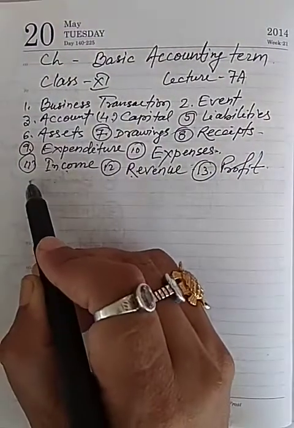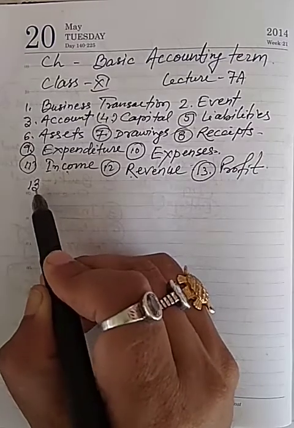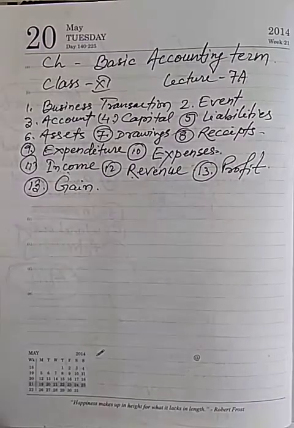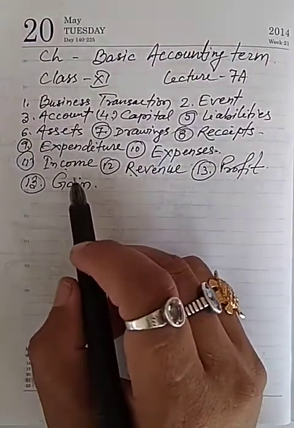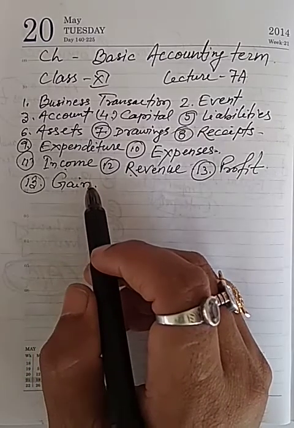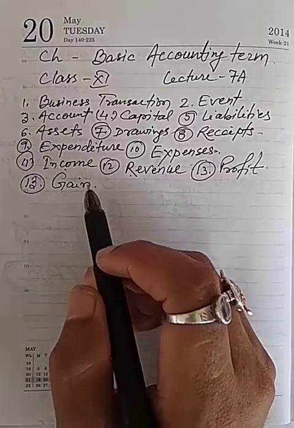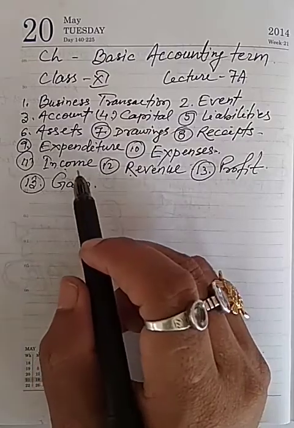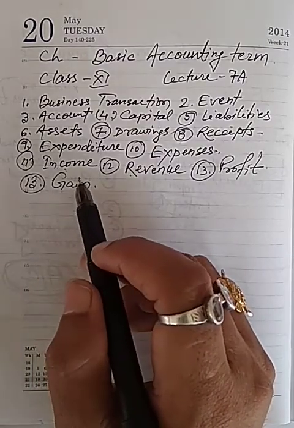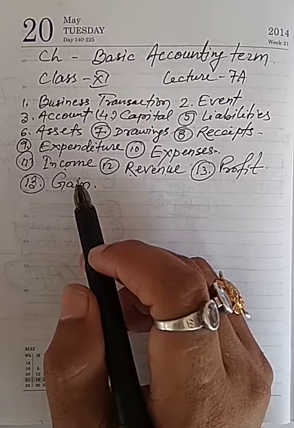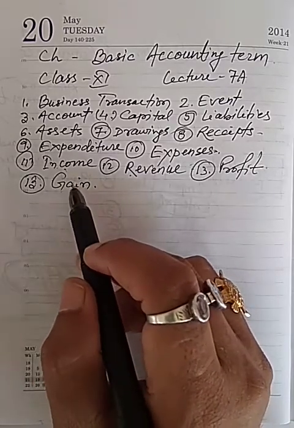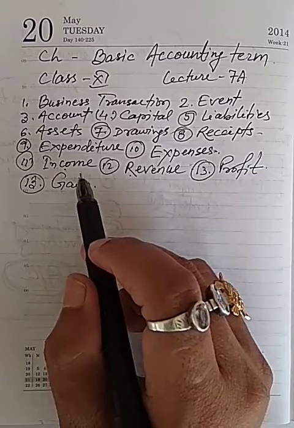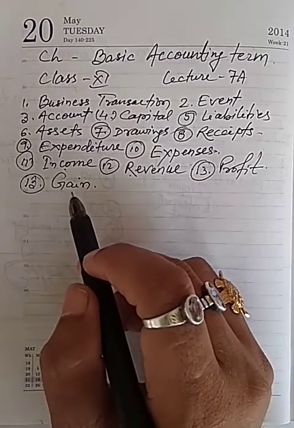Now, profit is different from gain. Gain is a monetary benefit or advantage resulting from events or transactions which are incidental to business, such as sale of a fixed asset, winning a court case, or appreciation in the value of an asset.